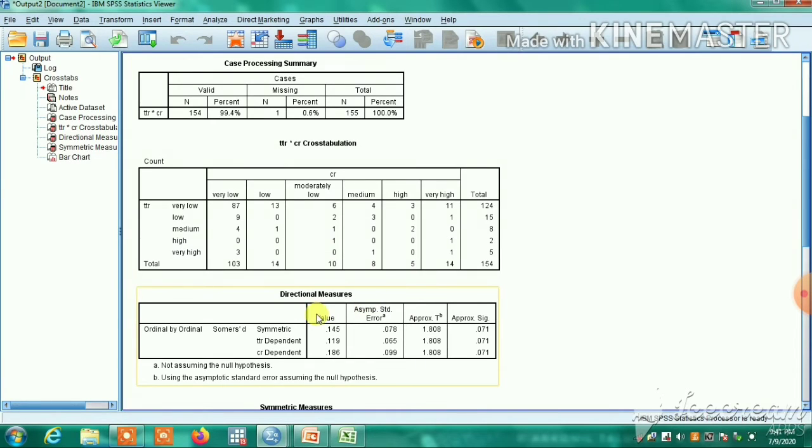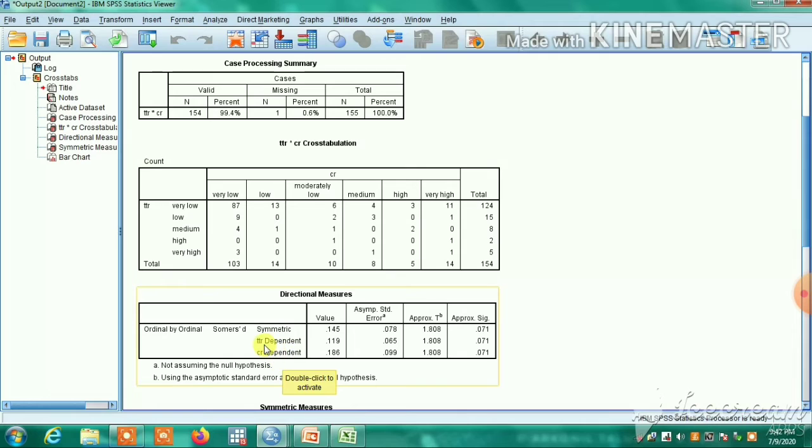Now regarding the directional measures, this gives the Somers' D statistic. As I told earlier also, it provides three types of statistics. One is symmetric. Symmetric means without assuming any null hypothesis.